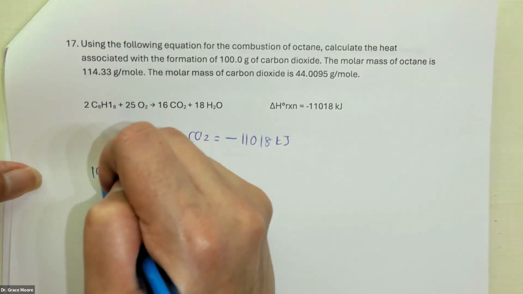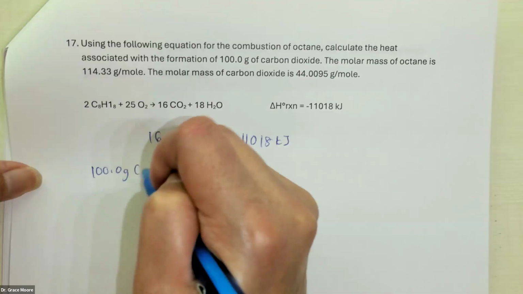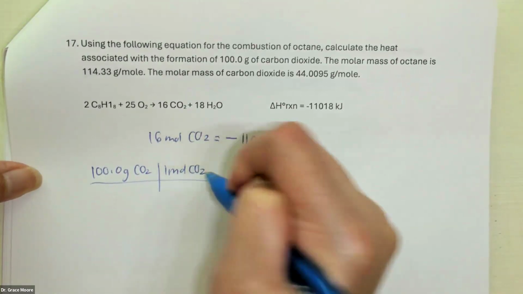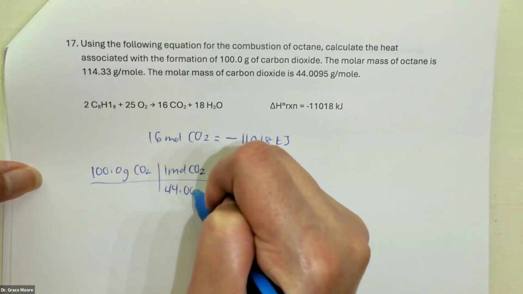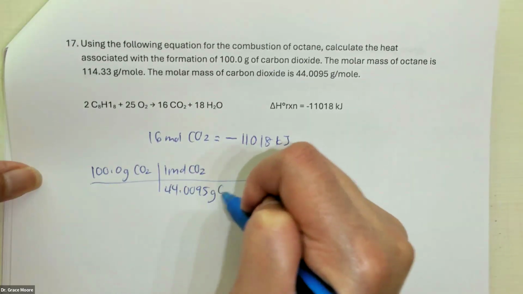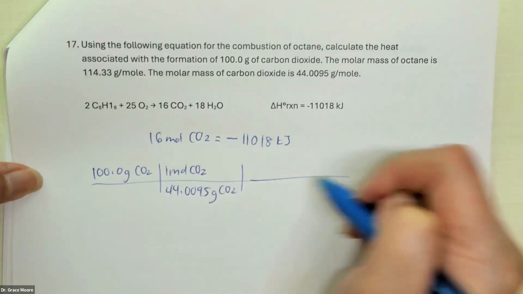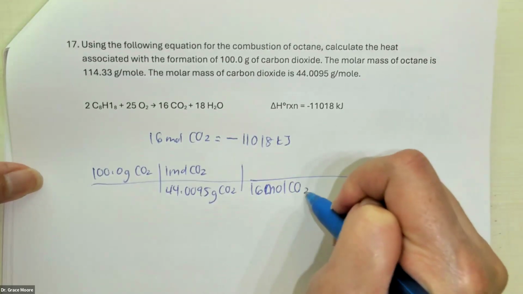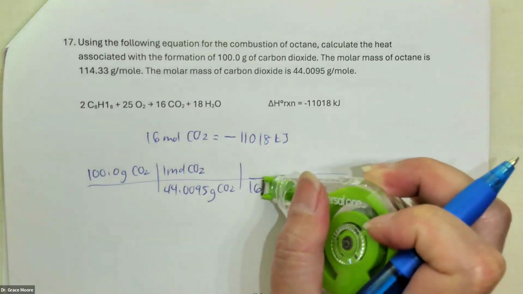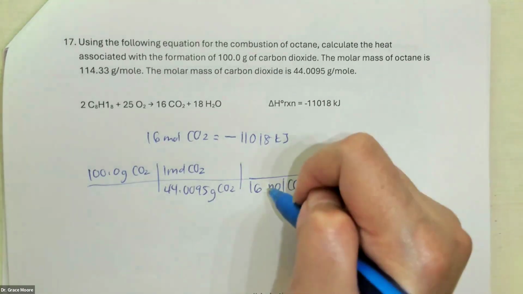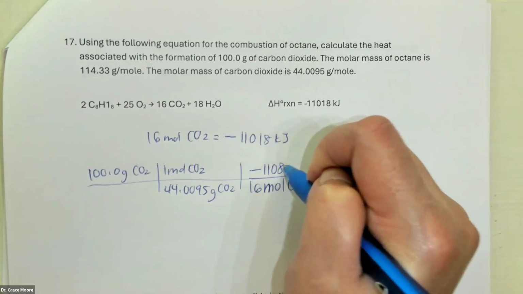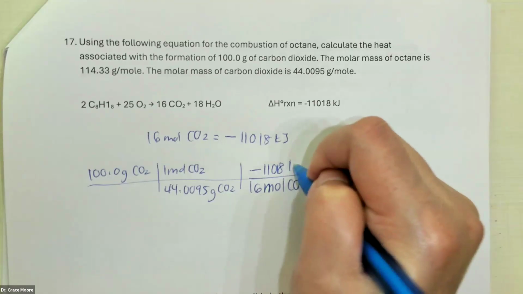So you start with 100 grams of CO2, turn that into moles, and then we say 16 moles of that is to negative 11018 kilojoules.